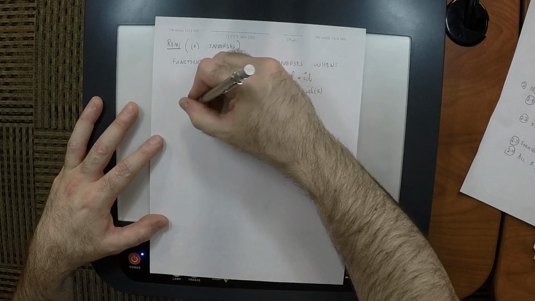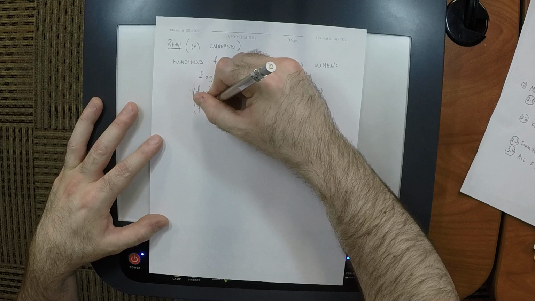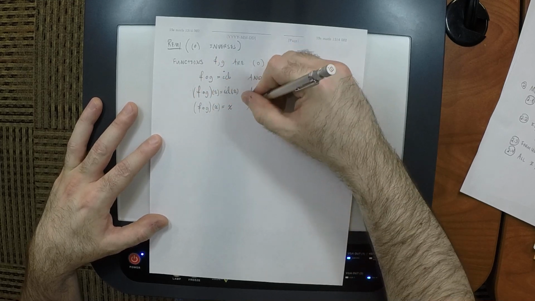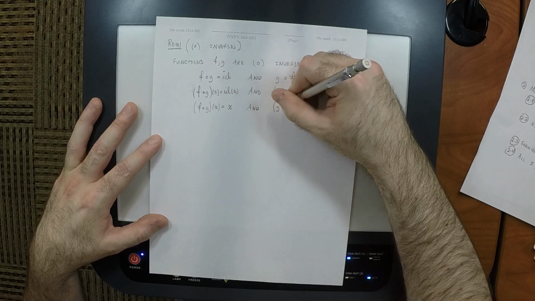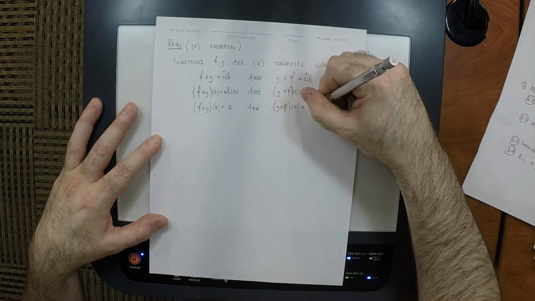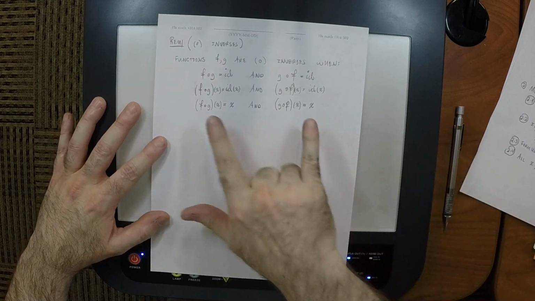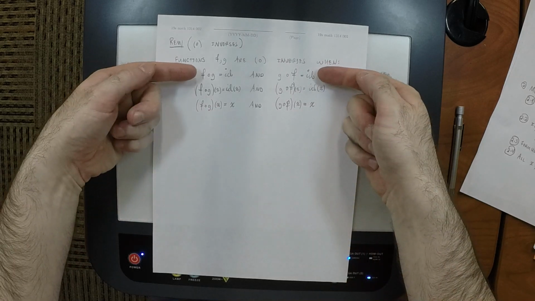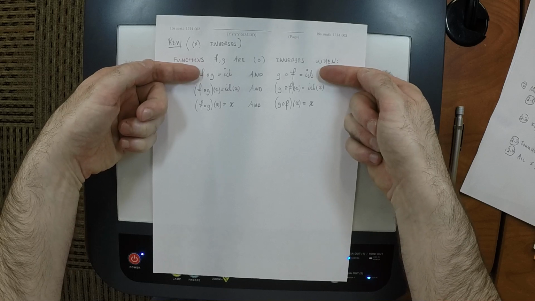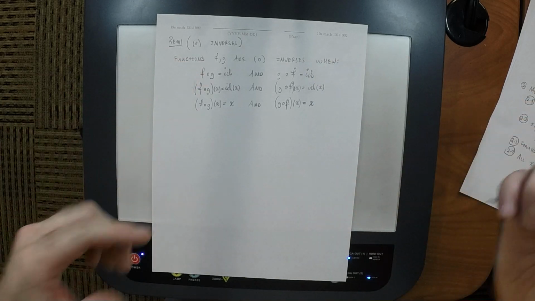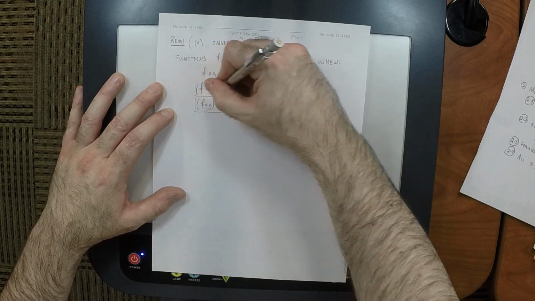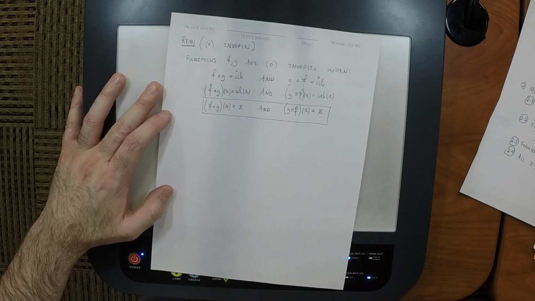Just x. So f composed with g evaluated at x is x, and g composed with f evaluated at x is x. This first one is sort of like the mathematical definition. But for the purposes of doing exercises, usually this is the one that you need to know. That one right there.